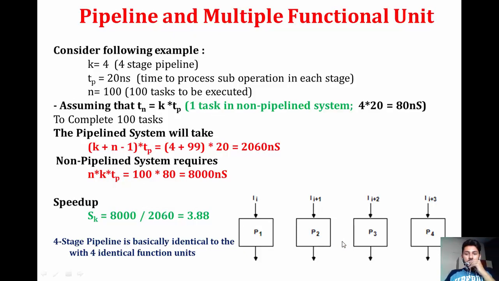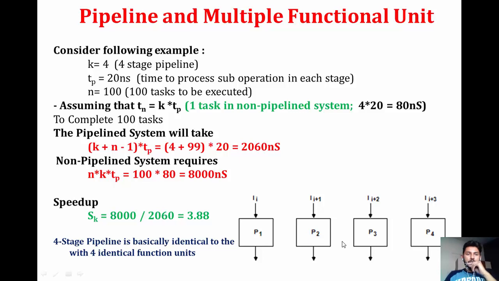Okay, so there will be one more example, of a pipeline with multiple functional units. How does a pipeline scenario work with multiple functional units? The same scenario we'll discuss.